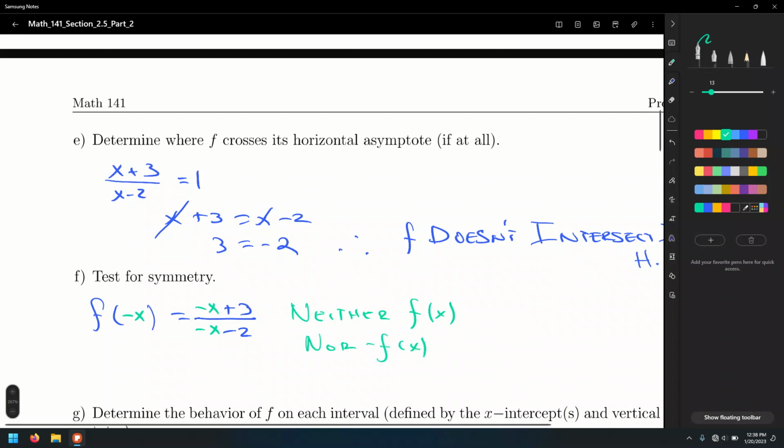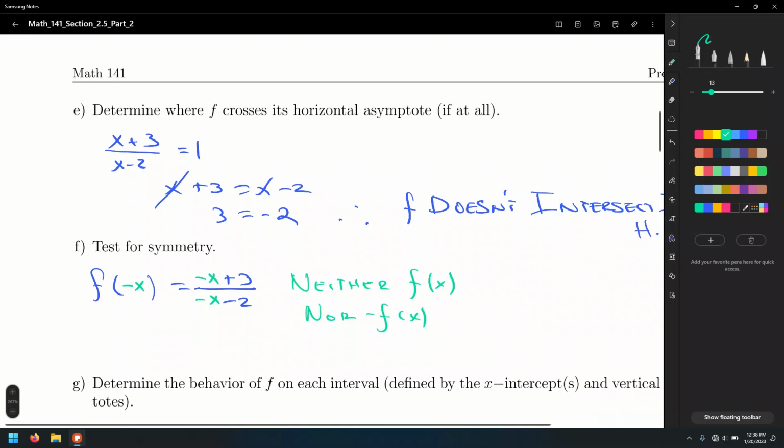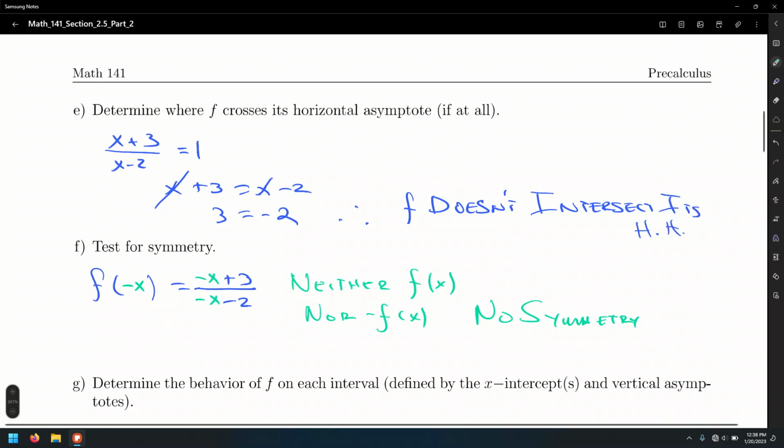So we didn't get the opposite in sign of the function, and we didn't get the same function, so there's no symmetry in this case. So no symmetry at all. That's more information. You'll see when we draw the graph of this.